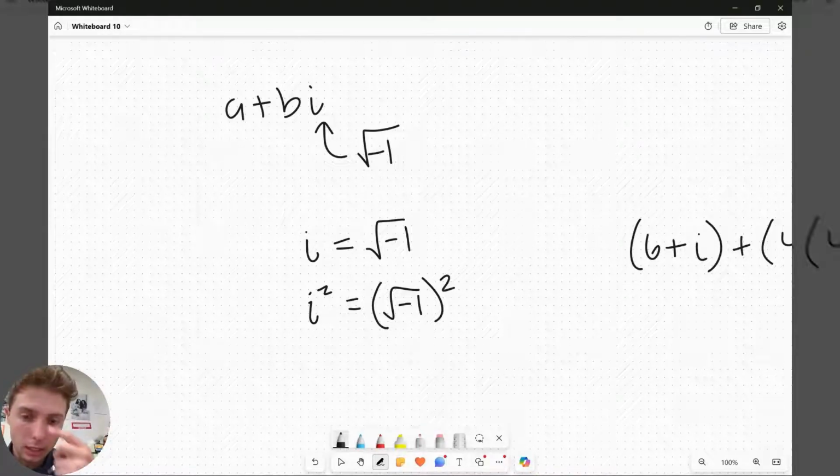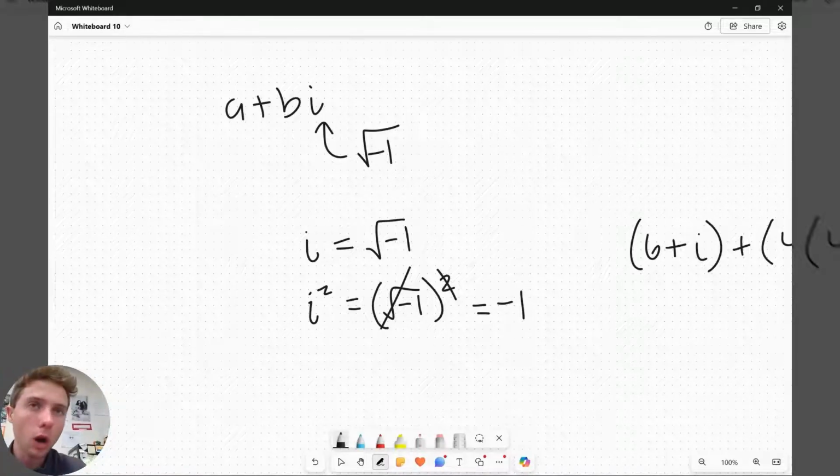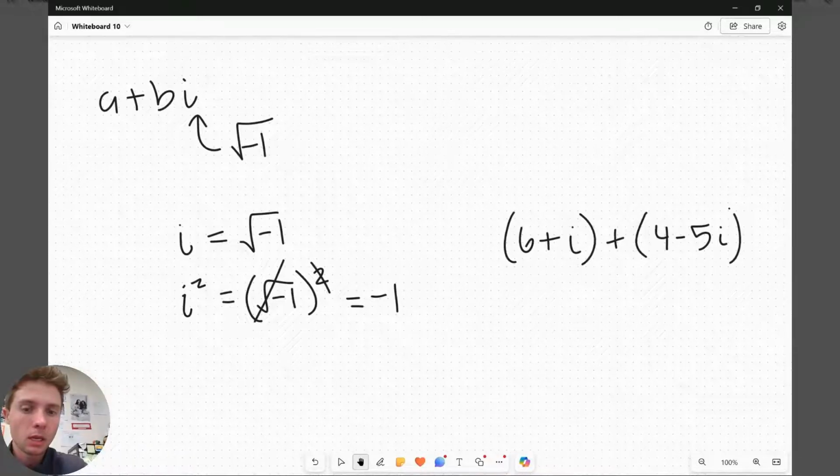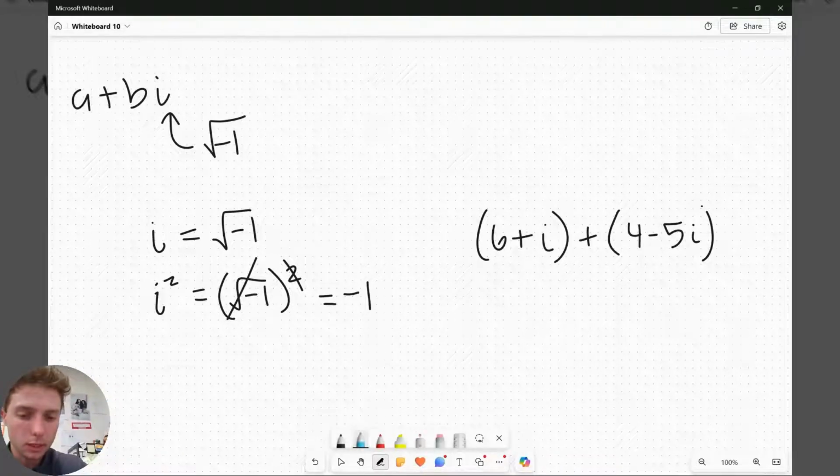And one thing we learned last unit is that square roots and squares are inverses, and inverses cancel each other out. So i squared is actually just negative 1, and that's important. That is one thing we're going to need to remember for complex numbers. Let's keep that in mind as we go through this.